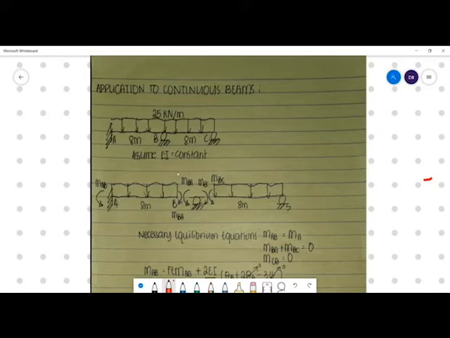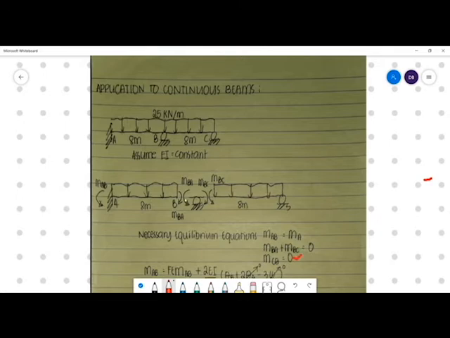At the same time, we are going to have moment MBC, and then we're also going to have MCB. Of course, with respect to equilibrium, we know that we have no moment at point C. So therefore, our MCB will become 0.